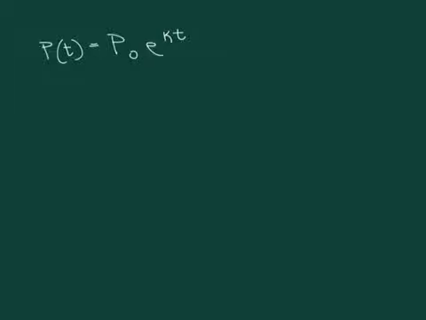All right, so when we look at example 2, it says, suppose that $2,000 is invested at an interest rate of K, compounded continuously, and grows to $2,983 in 5 years. So what is the interest rate? Well, let's go ahead and write down what we've got.